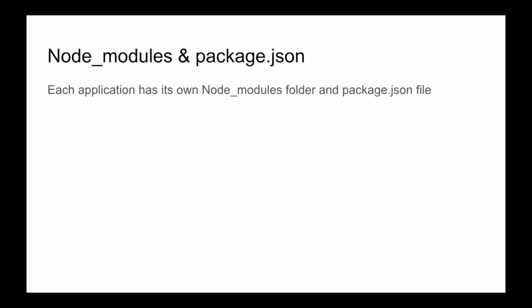Now, I will say, since my app exists in two separate applications, each one needs its own node modules folder. So if you're going to set up your project similar to mine, each application, the Angular app and the API app, will each have its own node modules folder and package.json file. And if you need help with those two, please feel free to leave a comment below.